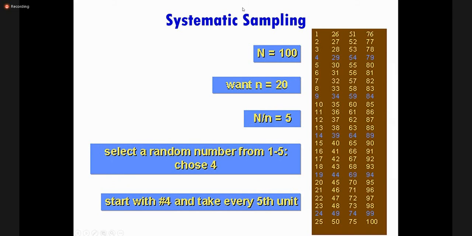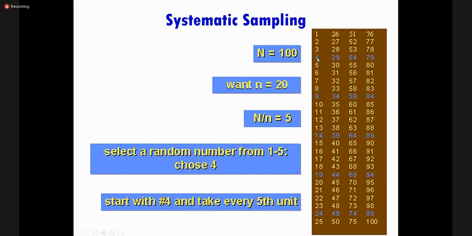That system will be followed till the achievement of your sample of 20. So the first person will be selected randomly. You can select the first person randomly from 1 to 5. So it was 4 by chance. Now you will have to select every 5th person. So you will start with 4 and take every 5th.